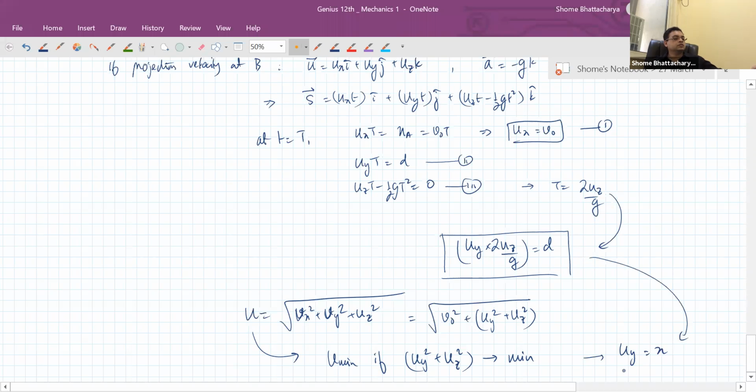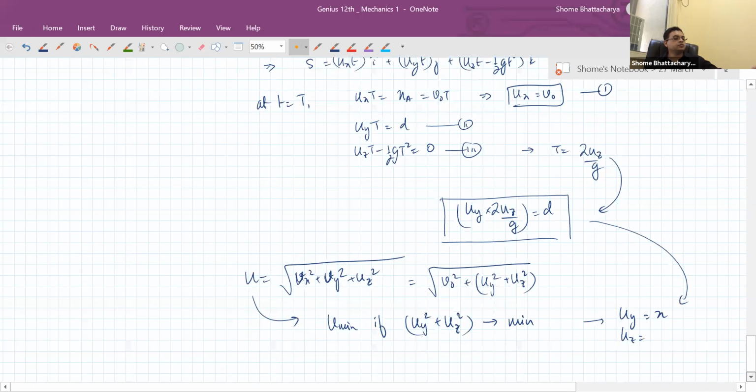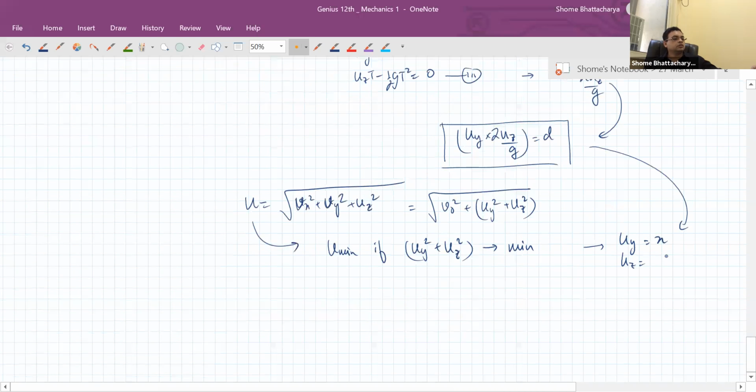So from here, uz is equal to d into g divided by 2 times x. So x square plus (dg upon 2x) whole square is equal to uy square plus uz square. So this has to be minimized.